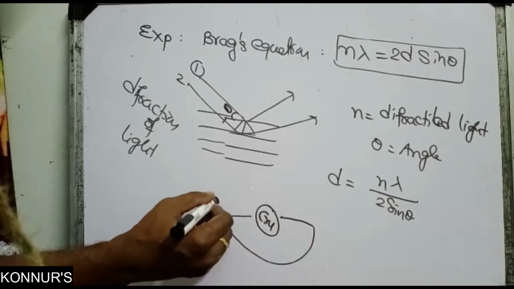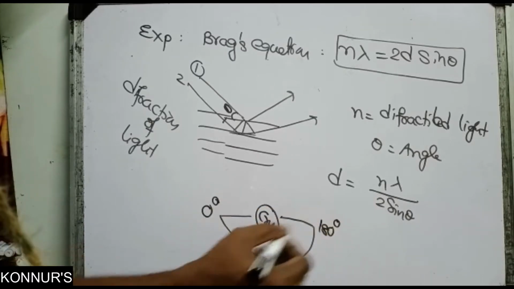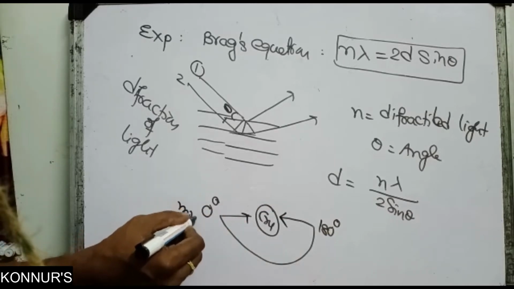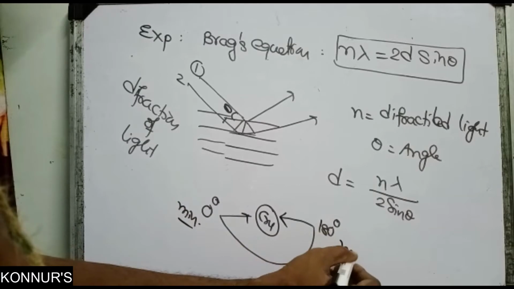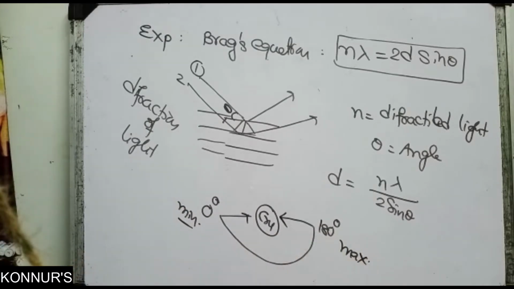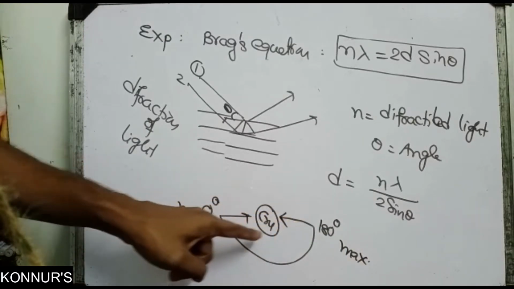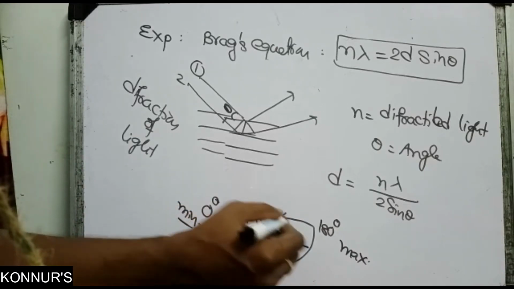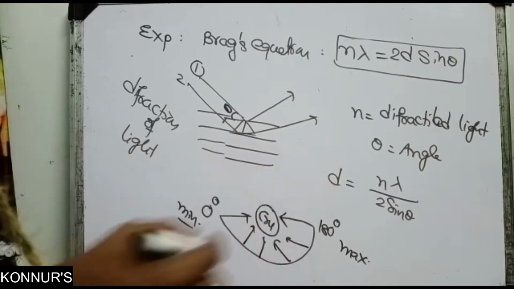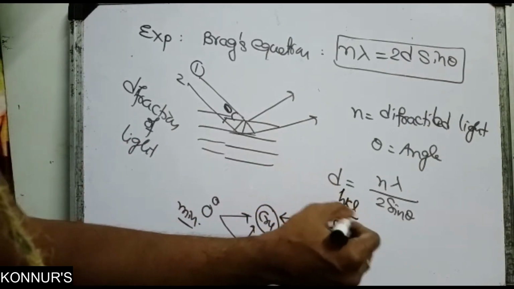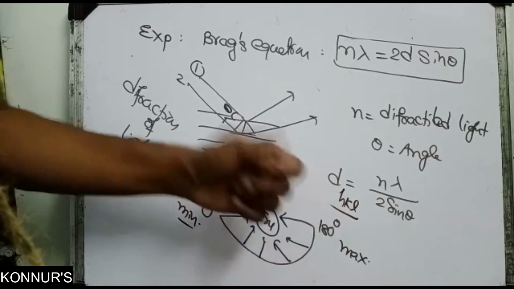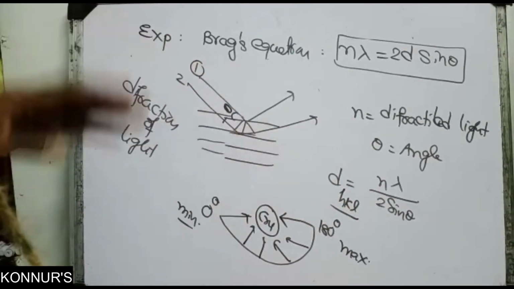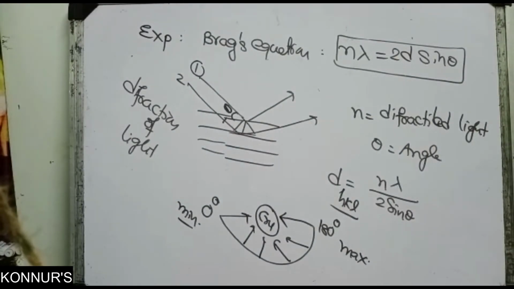From 0 degrees to 180 degrees we are focusing light, so the minimum angle is 0 degrees and the maximum is 180 degrees. We focus this light at different angles, and lastly we find out the d_hkl. So hkl is theory, Bragg's equation is experimental. Whatever we discussed previously gives the exact values for simple cube, BCC, FCC.